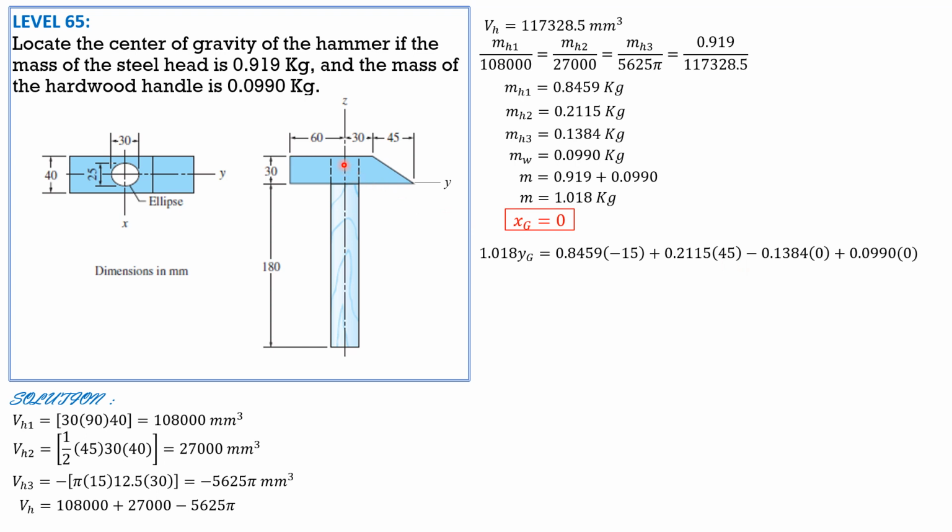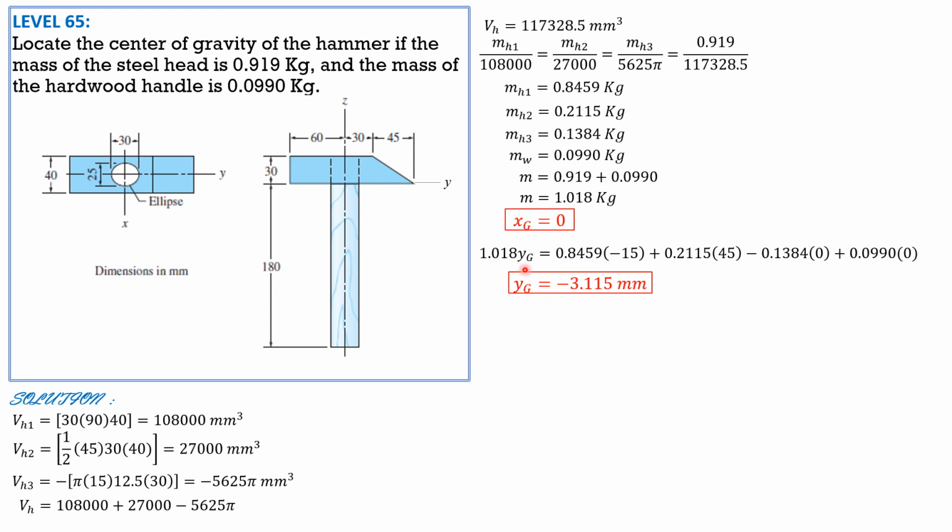Then minus, this is the mass of hammerhead 3. The centroid is here, so it's 0. Then for the handle, 0.099, the centroid lies here, so that's why y sub c4 of the wooden handle is also 0. So solving for yg is negative 3.115 mm.